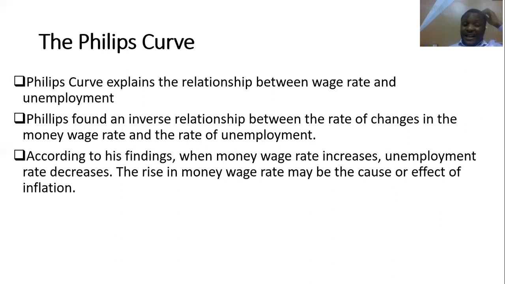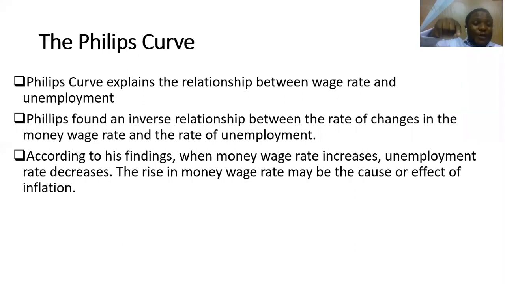remember, when I was discussing Keynesian and classical macroeconomics, the AD-AS, I told you we have the money wage, which is the nominal wage rate, and the real wage rate. Remember that the real wage rate is what money can actually buy, the quantity of goods and services that can actually be purchased.